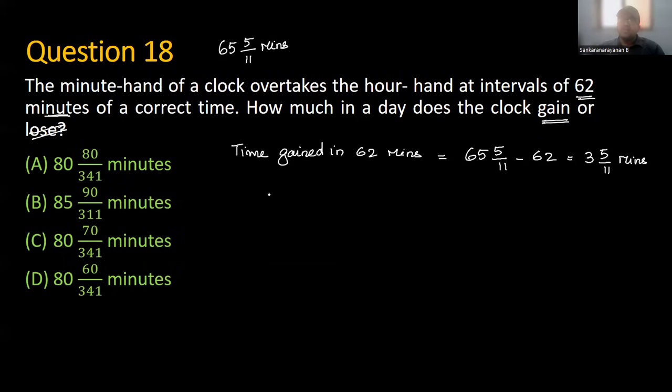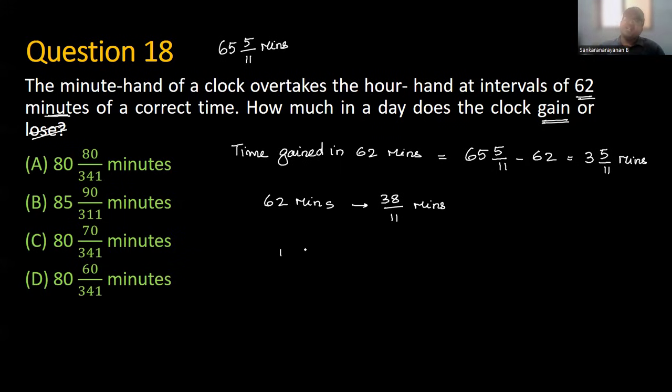So in 62 minutes, the time gained corresponds to 11 into 3, 33, 33 plus 5. It is 38 upon 11 minutes. Got my point? In 62 minutes, the time gained is 38 by 11 minutes.